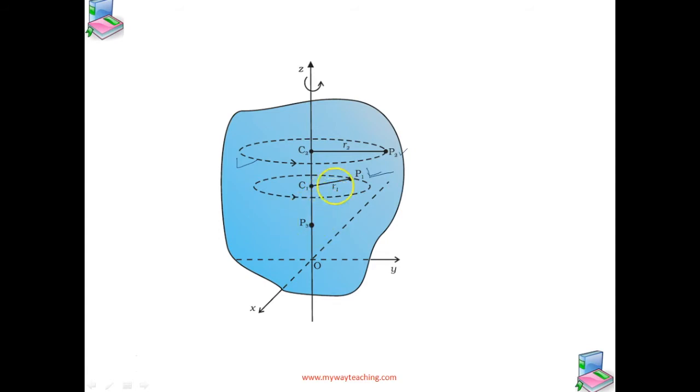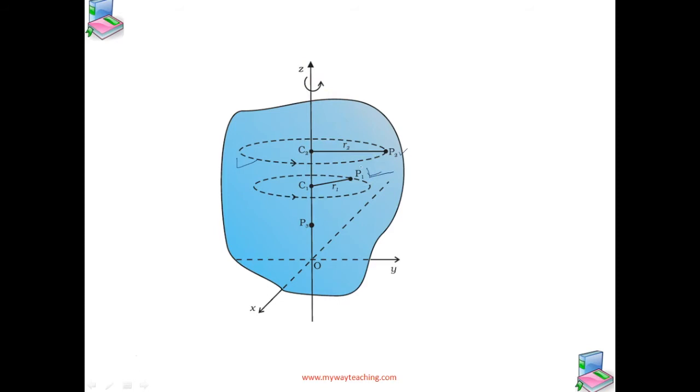It is at a distance r1 from the center C1, and the particle P1 describes a circle of radius r1 with its center C1 on the fixed axis. The circle lies in a plane which is perpendicular to the axis z.